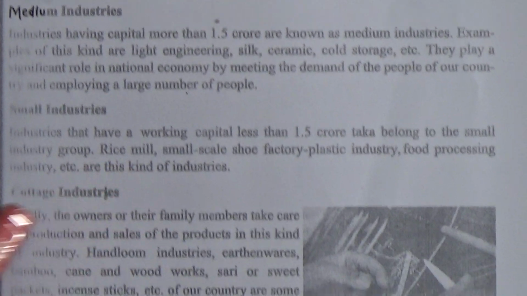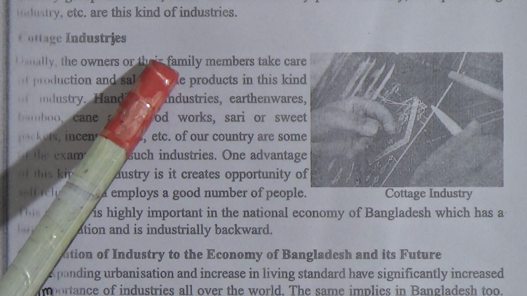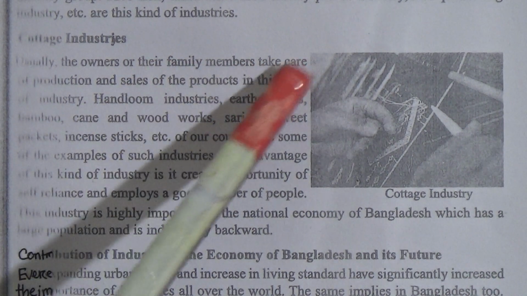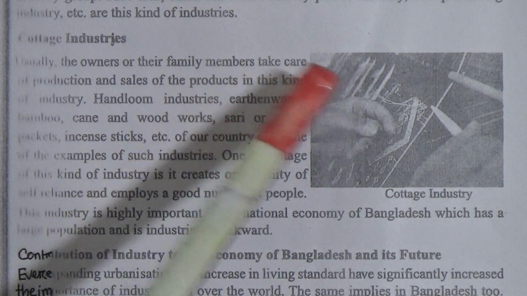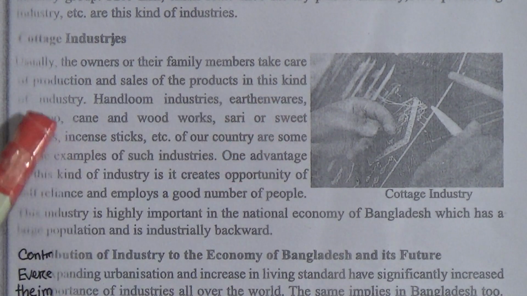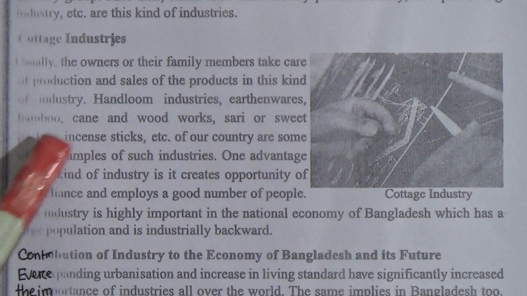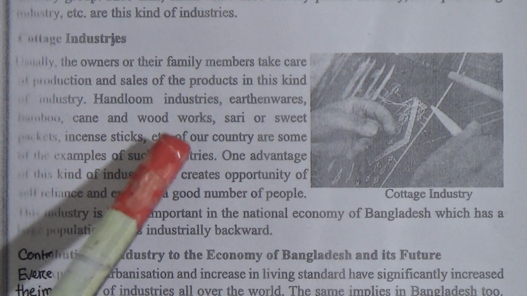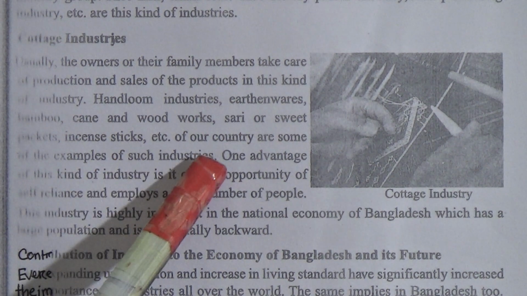Finally, cottage industries. Usually the owners or their family members take care of production and sales of the products in this kind of industry. Handloom industries, earthenwares, bamboo, cane and woodworks, sari or sweet packets, incense sticks, etc. of our country are some of the examples of such industries.